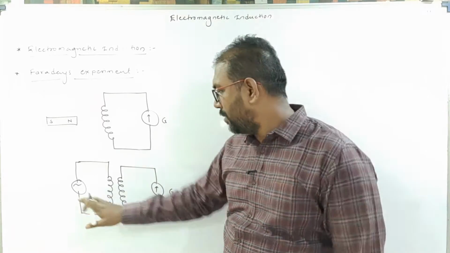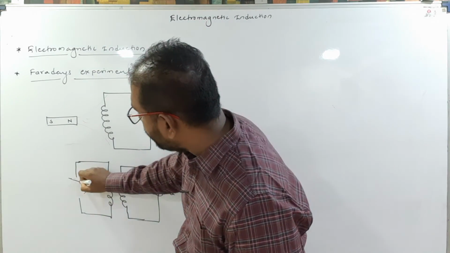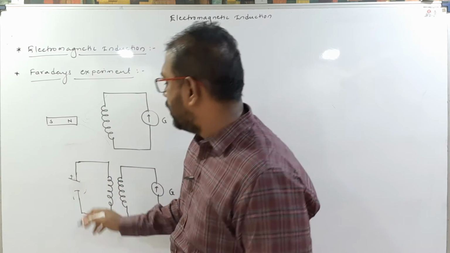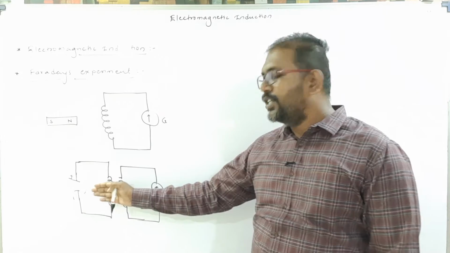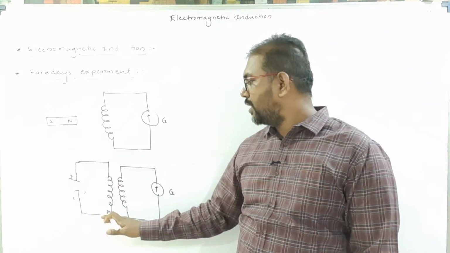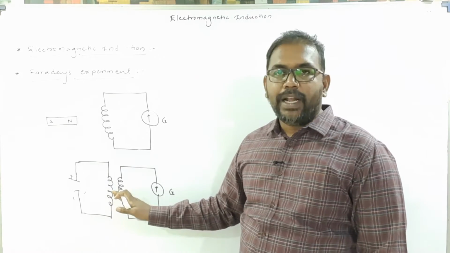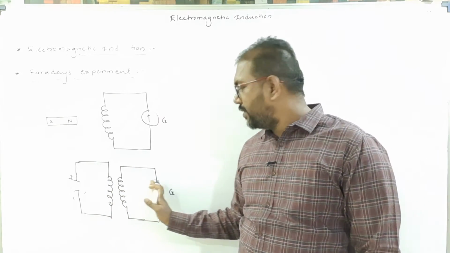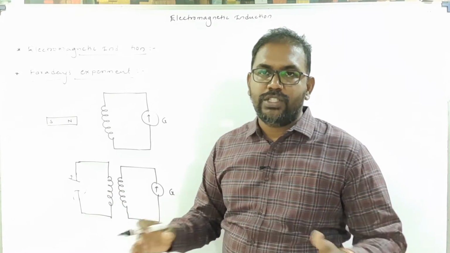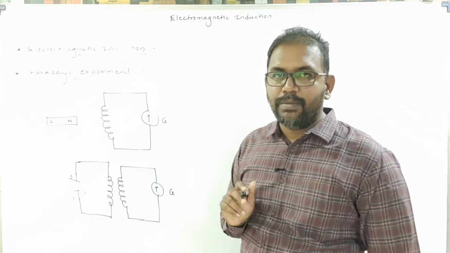I consider here this is a battery, positive and negative, with a switch. When the current is initially switched on, the magnetic flux linked with the second coil changes, we get a deflection in the galvanometer, and current is induced. Later the current attains a constant value and there is no deflection in the galvanometer.